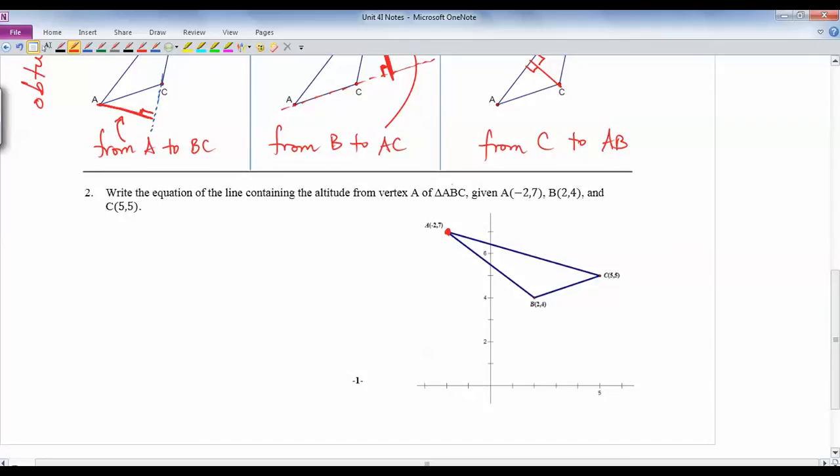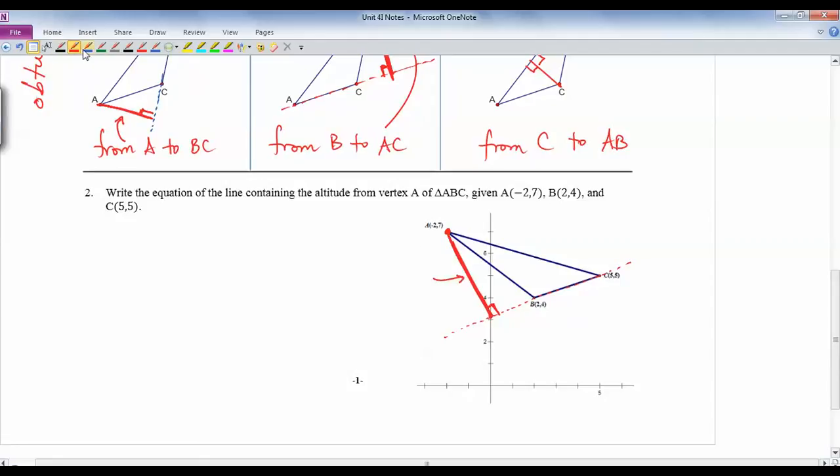So if I were to think of A as the peak of the mountain, and then I extend this line, then I'm drawing a perpendicular line to that extension. So it would look kind of like this. I'm not really sure where it hits down here, but that's my altitude right there. Something like that. Okay, so what I need is the equation of this line.